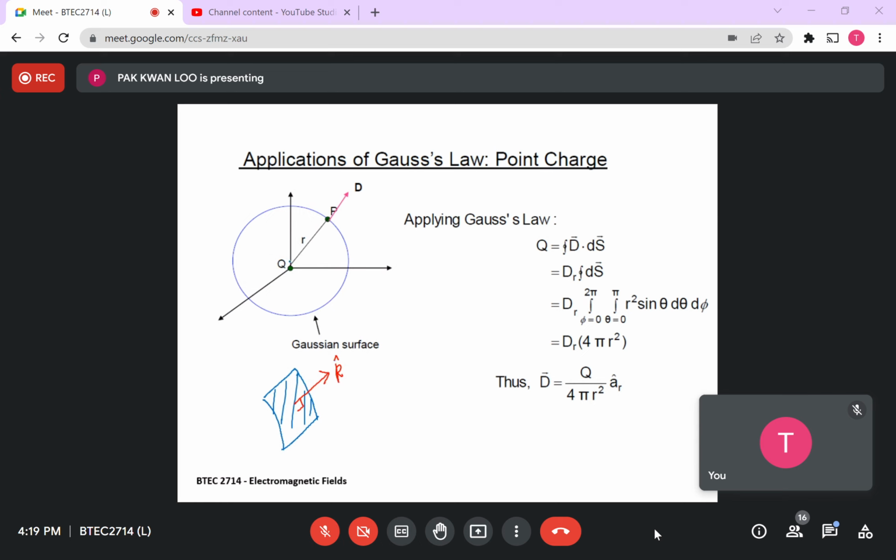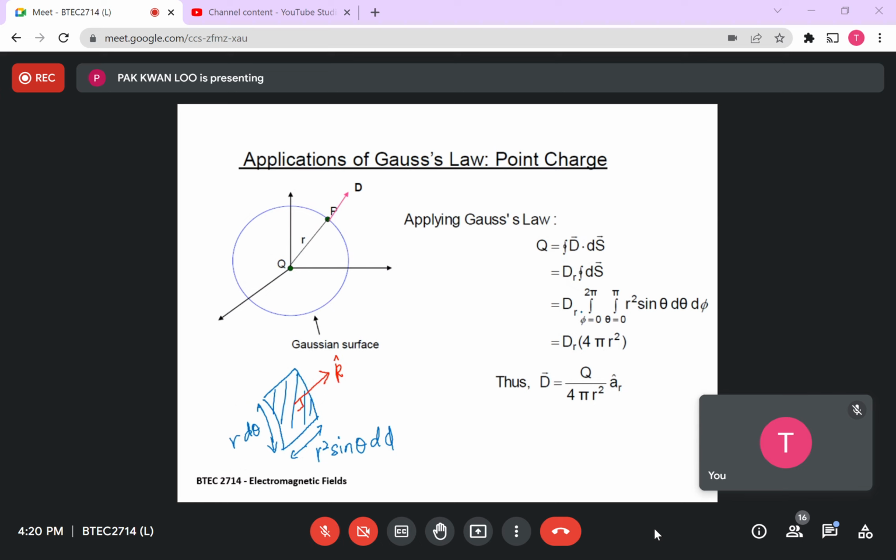What is of interest is that this arc length here is r squared sine theta d phi, and this arc length here is r d theta. So the integration result is 4 pi r squared, times the electric flux, but this is now a constant.